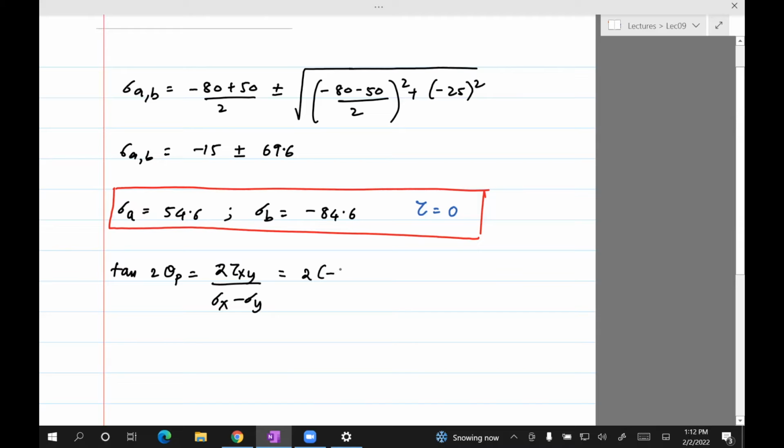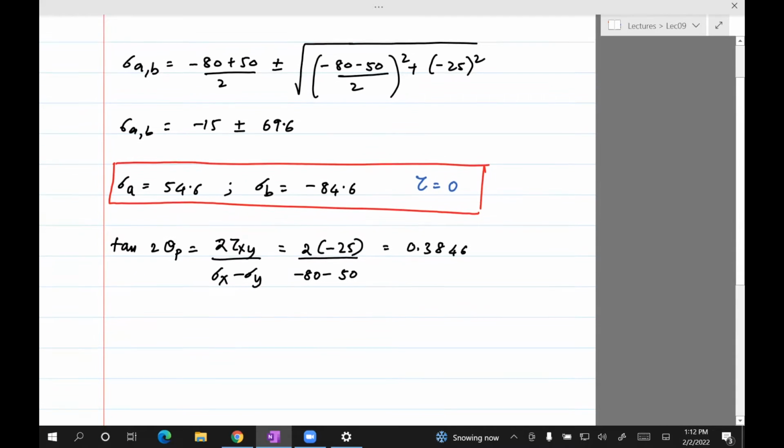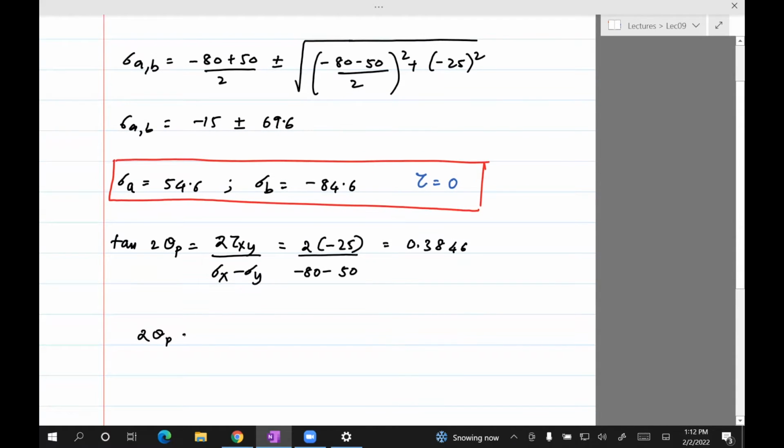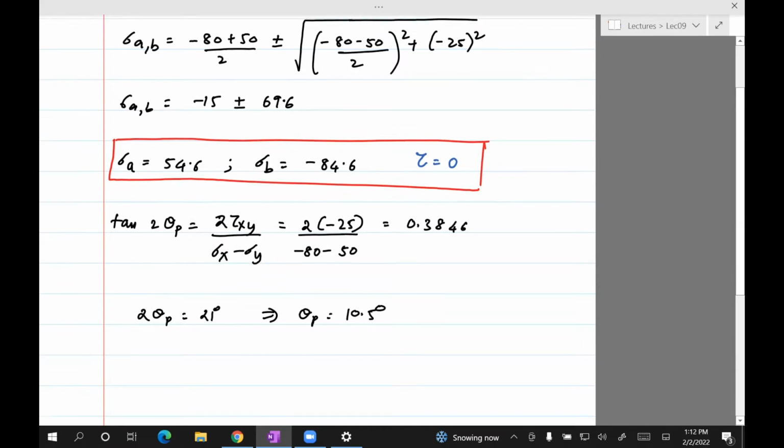So just plugging in values, minus 50 comes out to be 0.3846, I think. So 2 theta p equals 21 degrees, which boils down to theta p of 10.5 degrees.